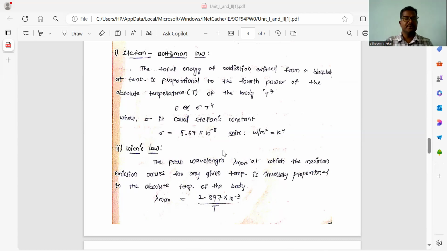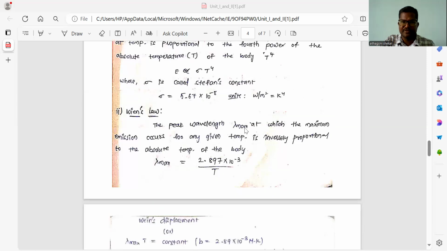So at the peak point, lambda max is proportional to 1 by T, where T is the absolute temperature.